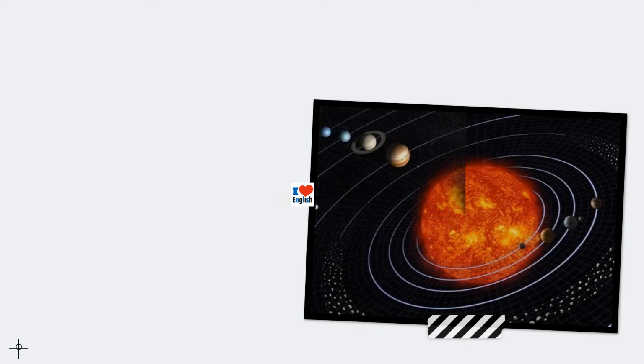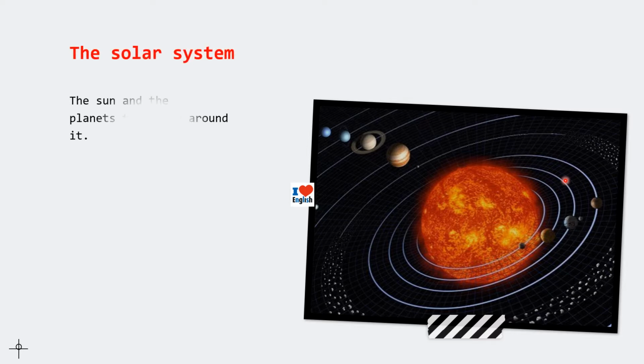The first word is, look at the photo, the solar system. What do you mean by the solar system? It's the sun and all the planets that move around it. So the sun and all the planets that move around the sun, we call it the solar system.